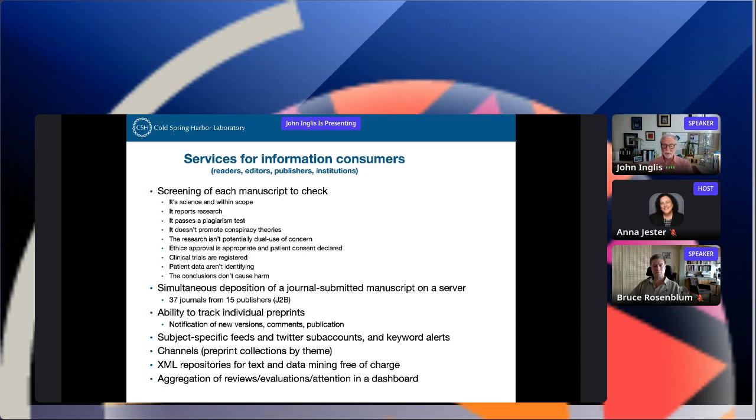We also have XML repositories that are freely available for text and data mining. And something I'm not going to talk about today, but we also have now introduced a dashboard which aggregates reviews and evaluations and various forms of attention that an individual preprint has attracted.